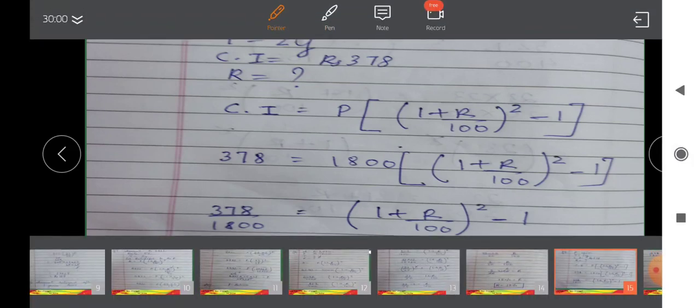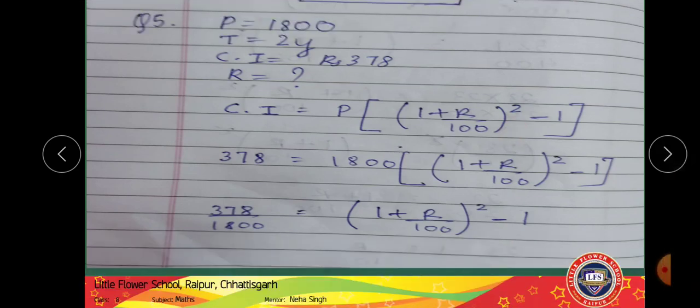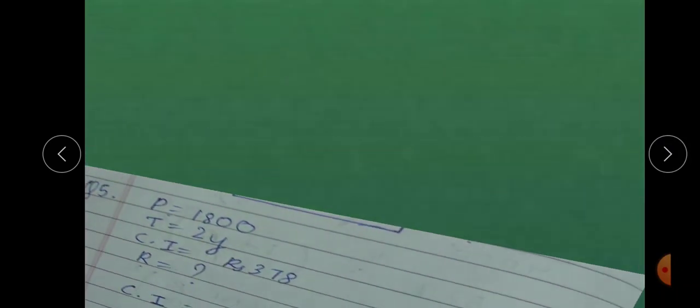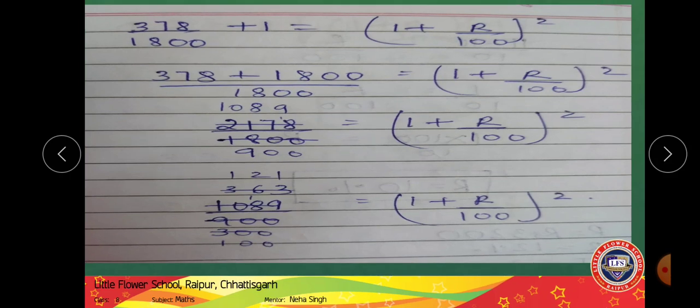But in this the compound interest is given. In the last question the amount was given, but in this question the interest is given, rupees 378. So we will have to use the formula of compound interest. Rest all the solution part is same. You can go through the question, right?